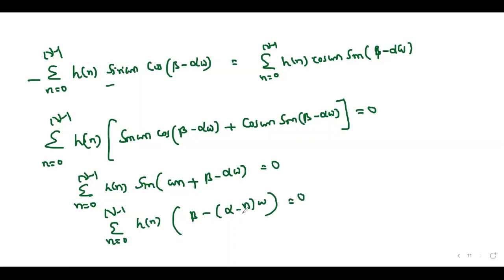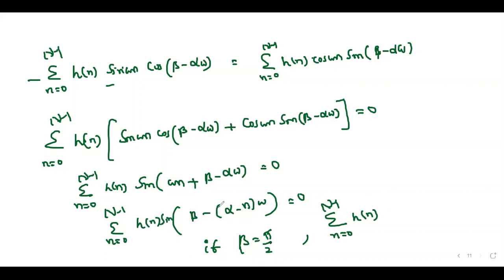Okay. Now, for example, suppose beta is equal to pi by 2 value, the phase shift. So in phase shift, I write it as pi by 2 is the phase shift. Therefore, this can be written as summation n is equal to 0 to n minus 1 h of n into sine of pi by 2 minus something.